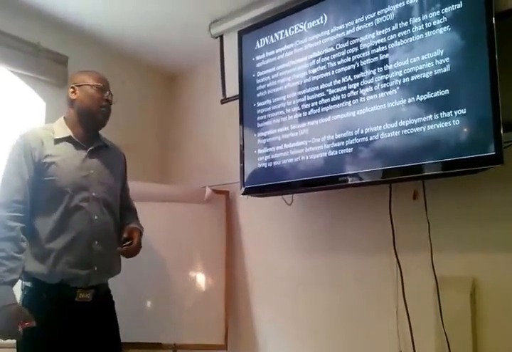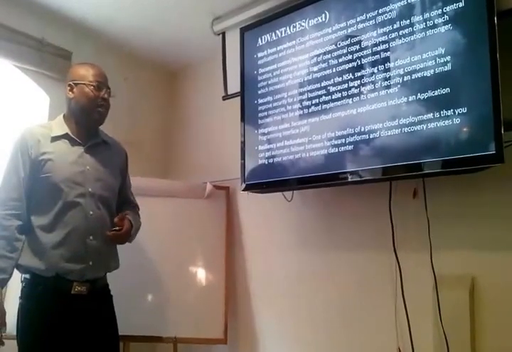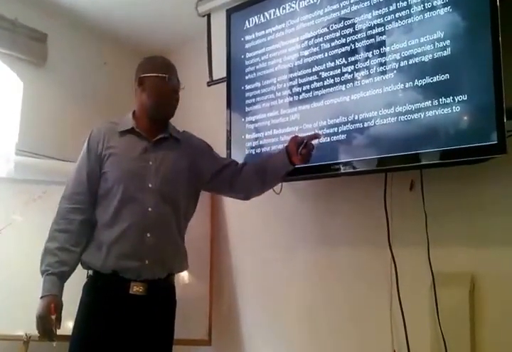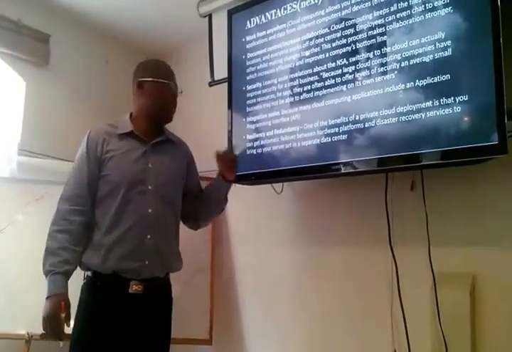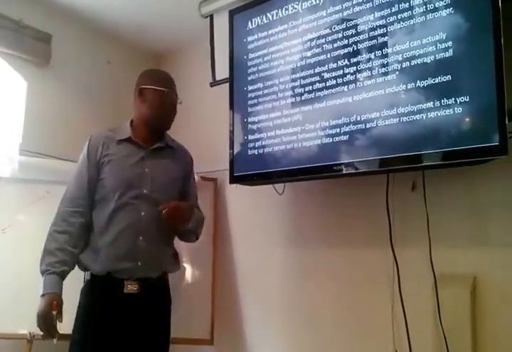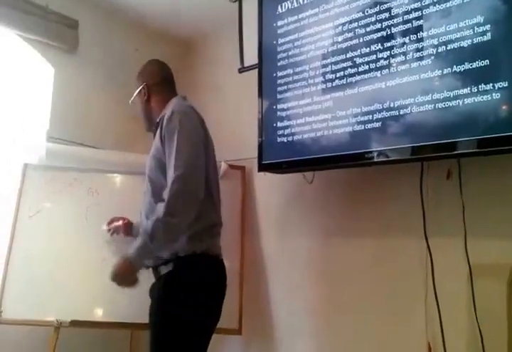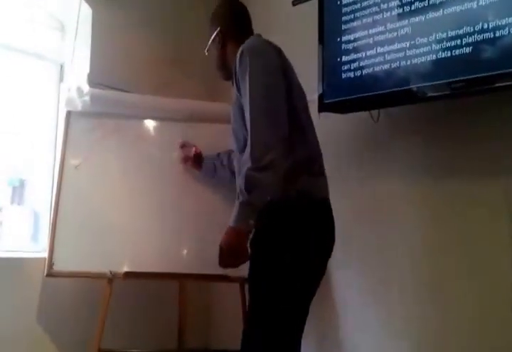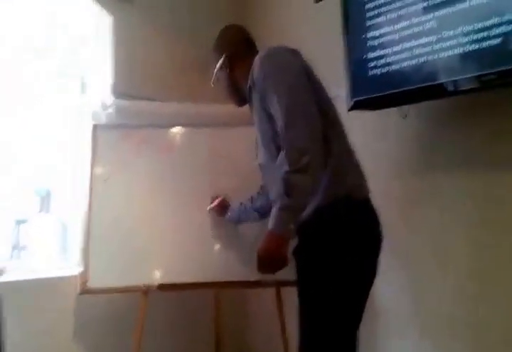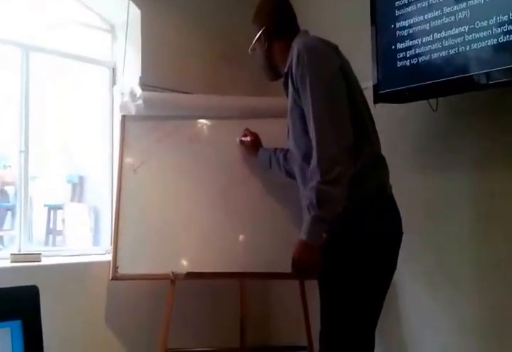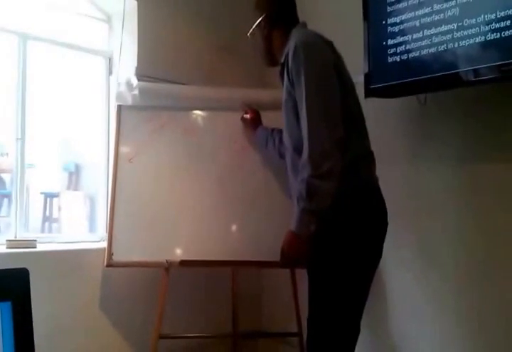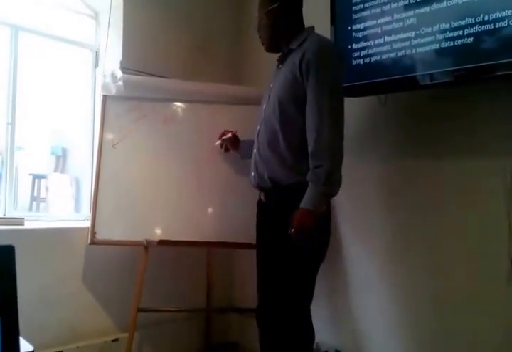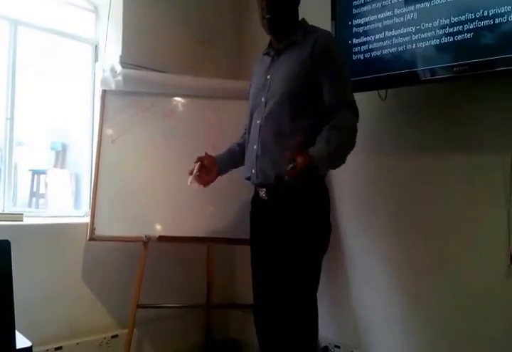Resiliency and redundancy. Well, one of the benefits of the private cloud deployment is that you can get automatic failover between hardware platforms and disaster recovery service to bring up your server set in a data center. When you have a virtual server, and this is server 1, this is server 2, this is server 3, there is a way you can back up your server as if it were a file.